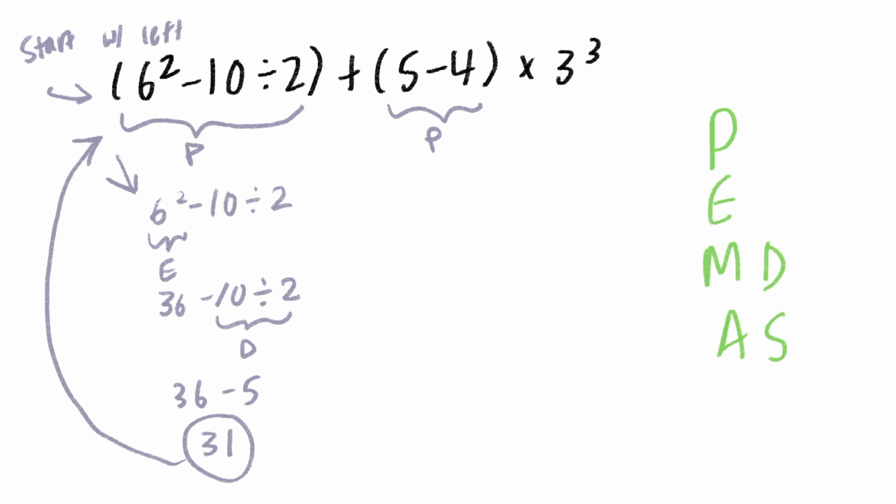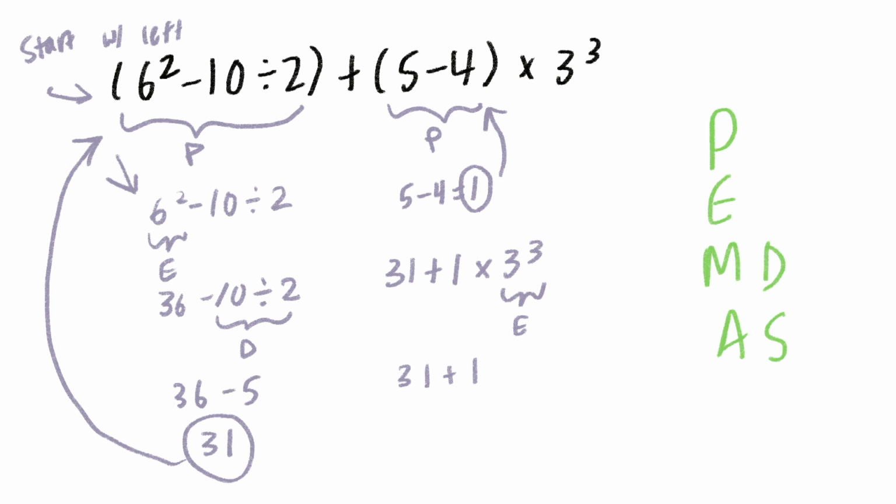Okay, so let's confirm what expression we have right now. We have 31 plus, open parentheses, 5 minus 4, close parentheses, times 3 to the third power. Okay, so let's work on that second set of parentheses right here, 5 minus 4, very simple, we get 1. So our current expression is 31 plus 1 times 3 to the third power. So we cleared all the parentheses, pat yourself on the back, but then we need to move on to the E of PEMDAS, which is exponents, which we do have right here.